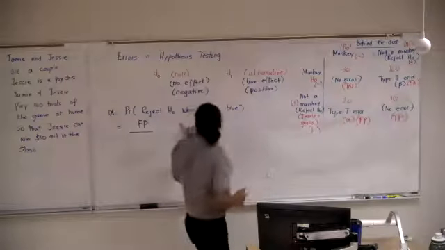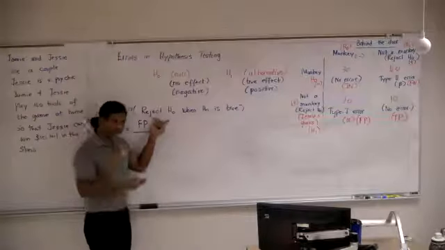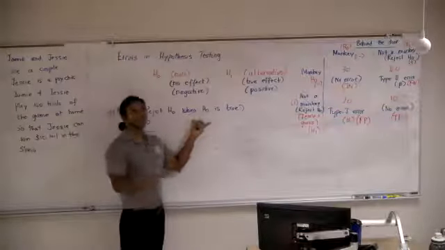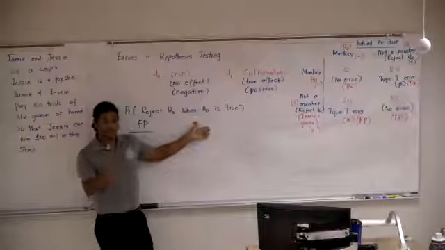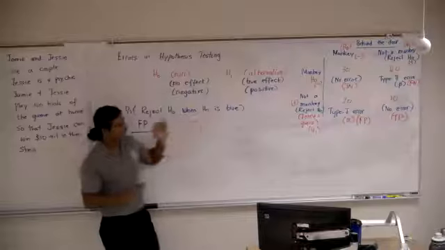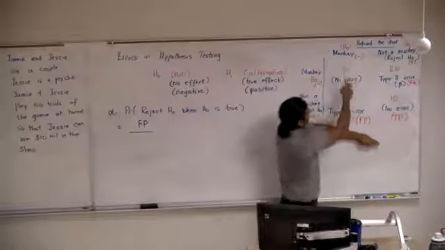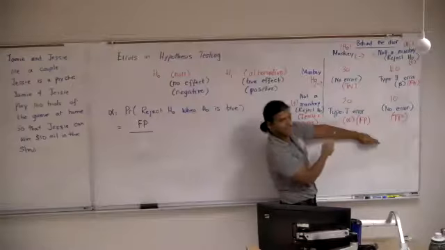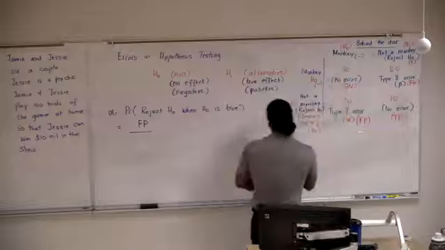But here, I'm saying we have to reject the null when the null is true. In other words, you are conditioning on the fact that the null is true. So the total here is actually 30 plus 20. Does that make sense? You are conditioning on this total.